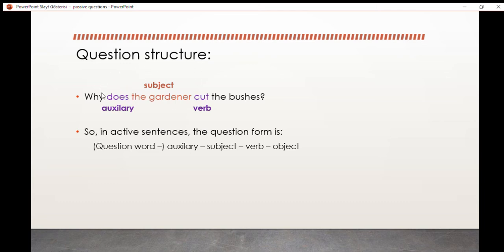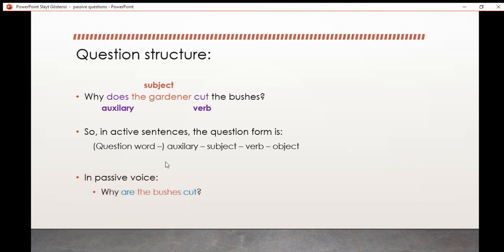Then, starting with auxiliary, it means it's a yes/no question. But what I will tell you is that learning this structure here is not that easy. So if I were you, or when I was in your shoes, what I did was I would keep a sentence in my mind as an example. Because this is not that easy.